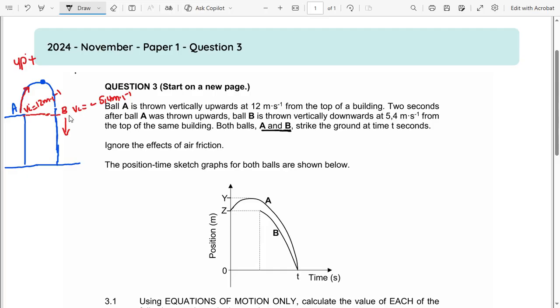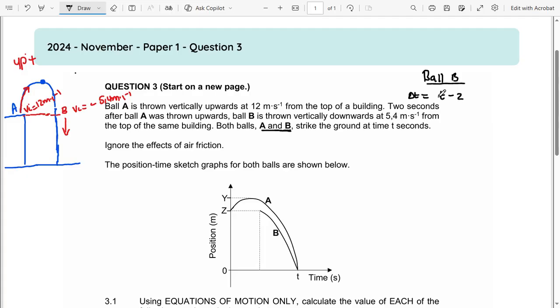So this tells you the time for ball B. We're going to take the t, which is the time that the ball reached the ground, and minus that 2 seconds, because this will be my delta t for ball B because it was projected 2 seconds after. If you understand that part, all good.